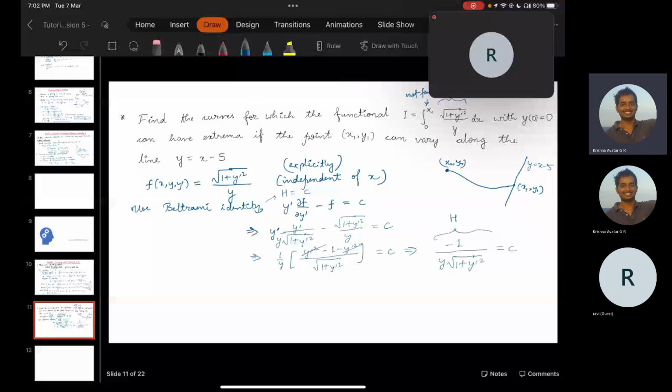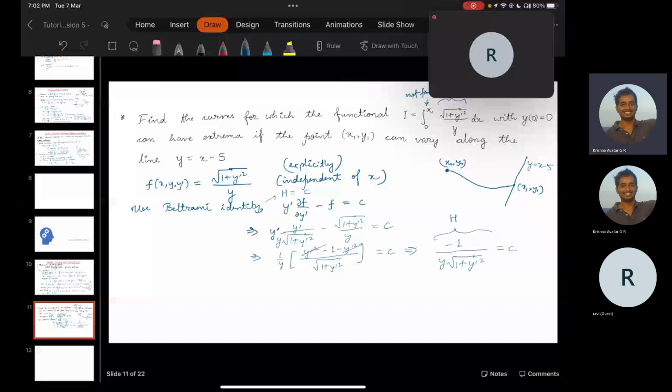Invert it, take the reciprocal on both sides, and I'll still keep the reciprocal as c. And let's again square both sides. So on both sides, what we have is y squared into 1 plus y prime squared is equal to c squared, but I'll still keep it as c.